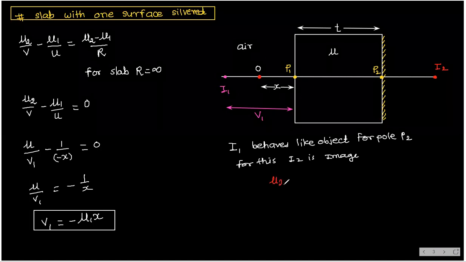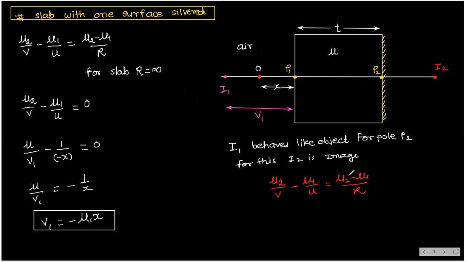Mu2 by V minus mu1 by U is equal to mu2 minus mu1 by R. So definitely this is going to be 0.